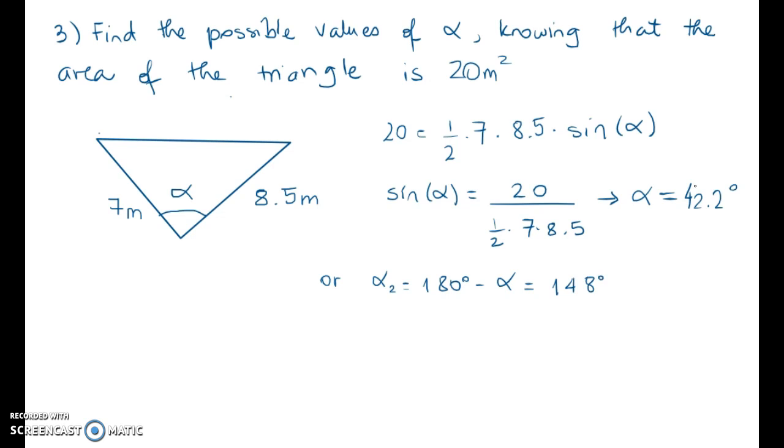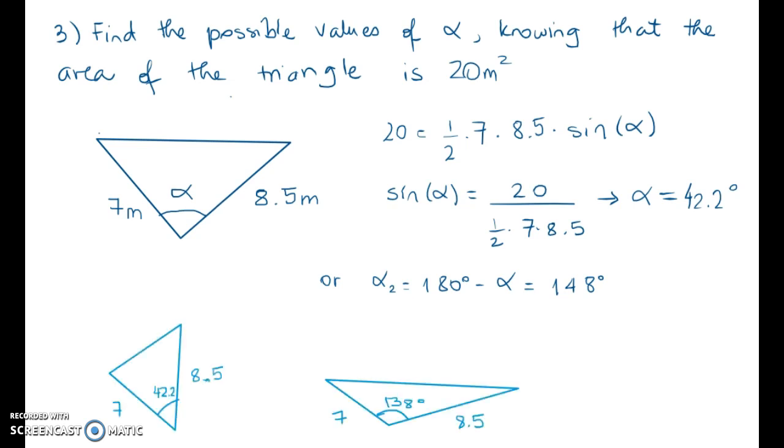Now, how could this happen? Let me show you a picture. We have the sketch here of two possible triangles that both have an area of 20 square meters. Both have one side to be 7 meters, the other to be 8.5 meters.